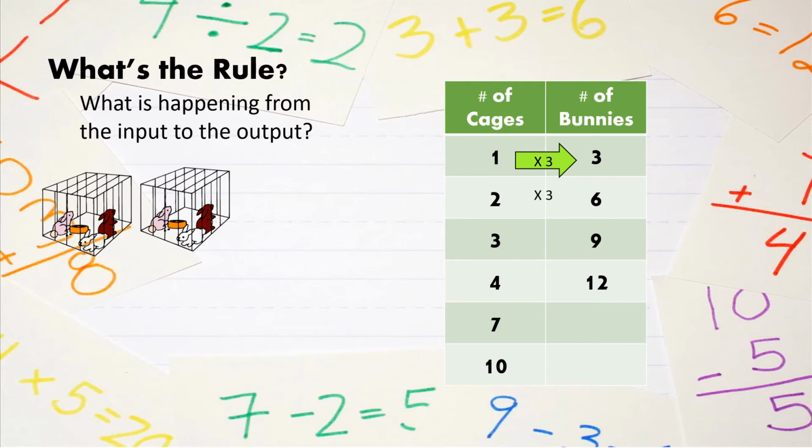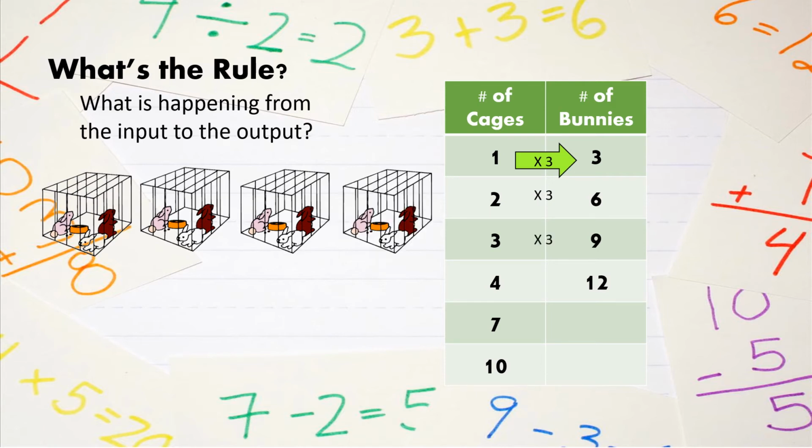So that tells me I'm using my groups, and they're equal, remember? So I have one group of 3 is 3, 2 groups of 3 is 6, 3 groups of 3 would be 9, and 4 groups of 3 would be 12.